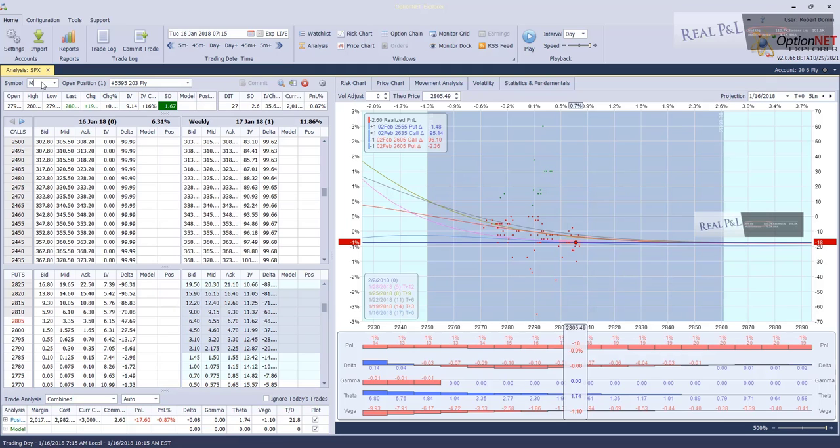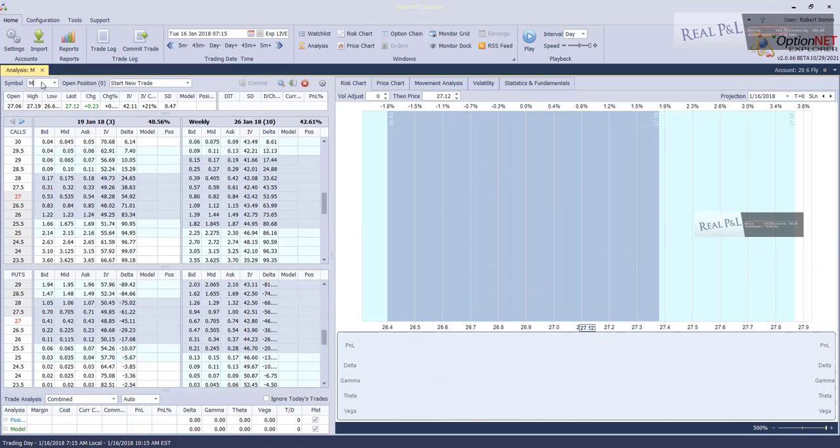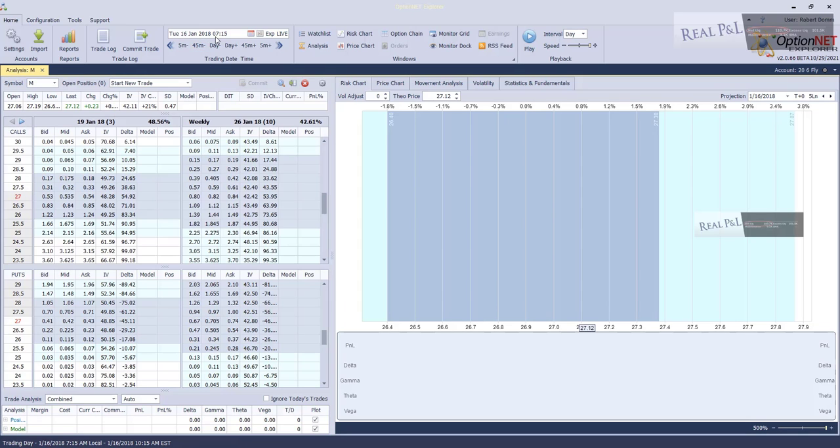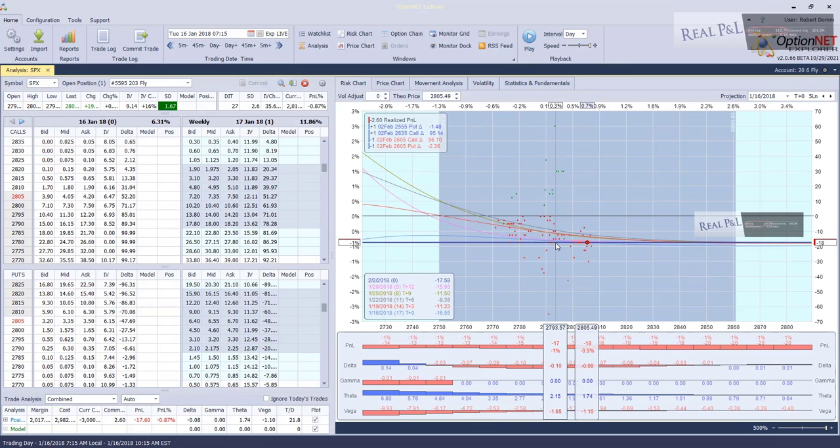If I put Macy's in here, for example, there's nothing there because I didn't backtest Macy's in this particular account called 206 fly in January of 2018. So there's nothing there. But if I put SPX, which is an underlying that I did backtest, there'll be something in there. There's already something there, so I'm going to figure out, well, when did this trade actually start?